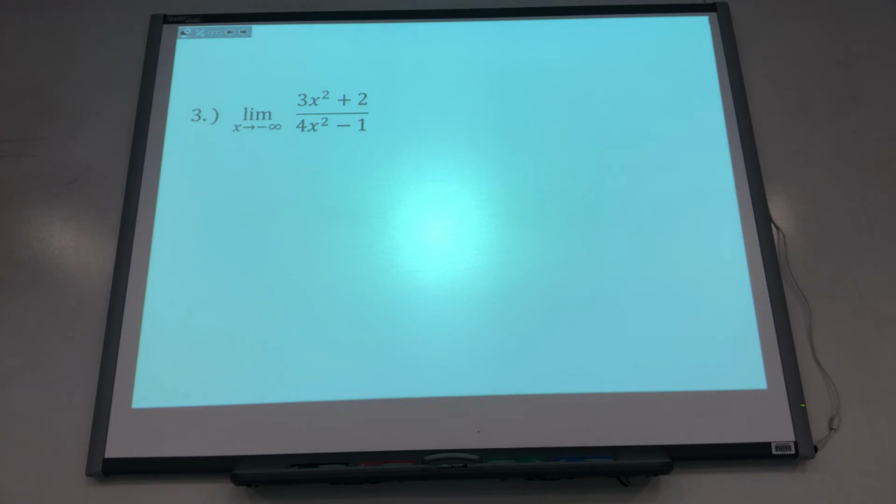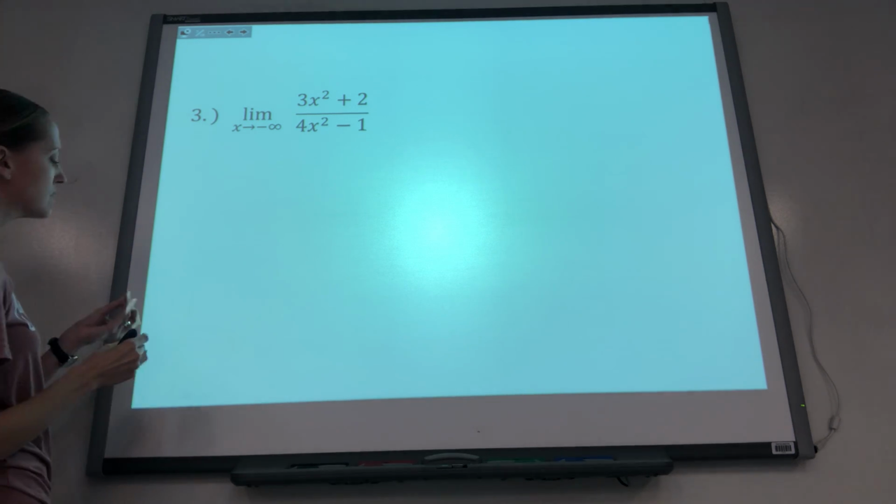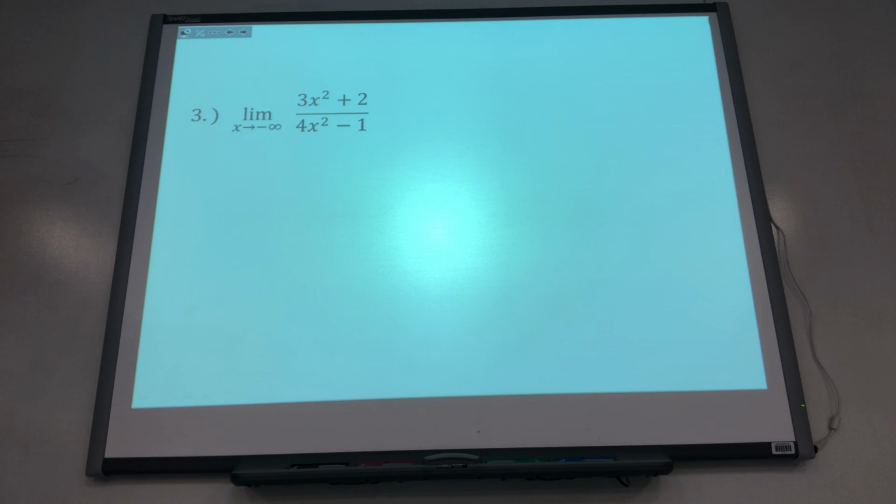Let's keep going though. Number 3 says, we need to find the limit as x approaches negative infinity of 3x squared plus 2 all over 4x squared minus 1.